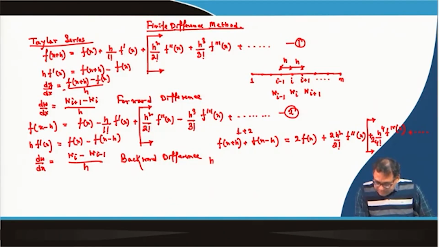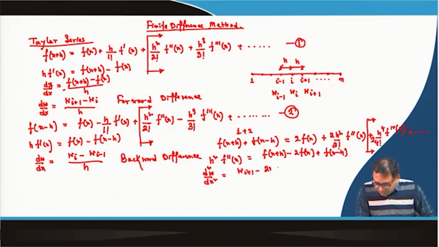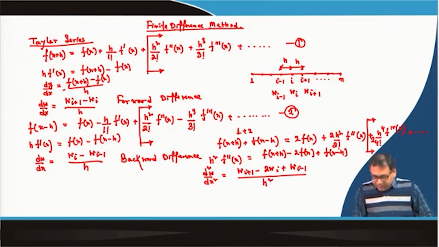So, h square f double dash x is equal to f(x plus h) minus 2 f(x) plus f(x minus h). So, I can write this is f double dash x, that is d square w by d x square, equal to W i plus 1 minus 2 W i plus W i minus 1 divided by h square.